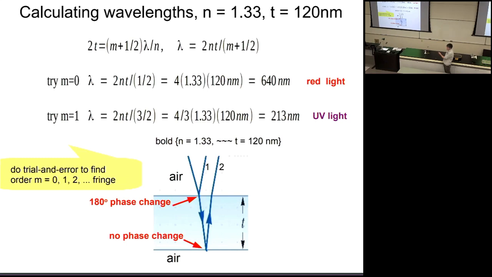That's going to be 3 times smaller. 3 times smaller than 640 nanometer red light is 230 nanometer non-visible light. This is shorter wavelength than blue light. This is wavelengths that we can't see. Bees can see it, but we can't see it. This is ultraviolet light.